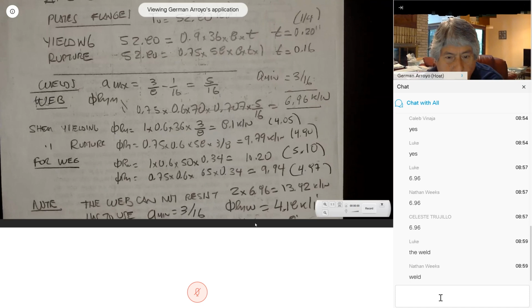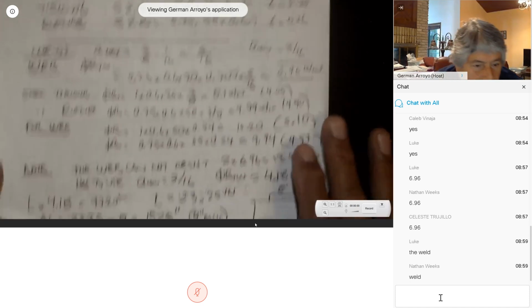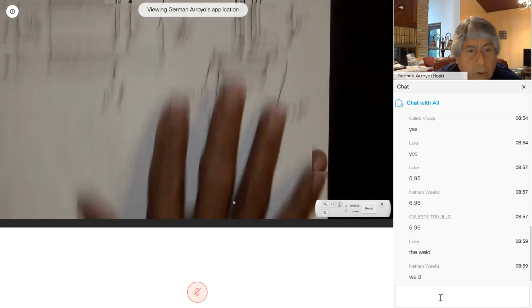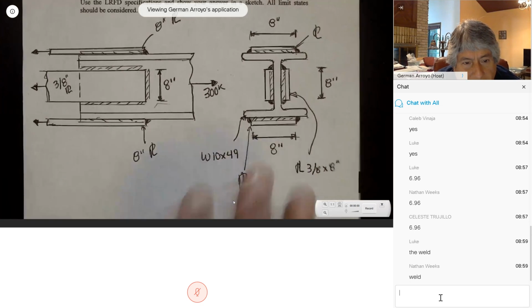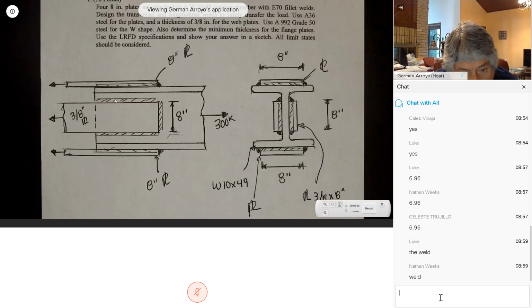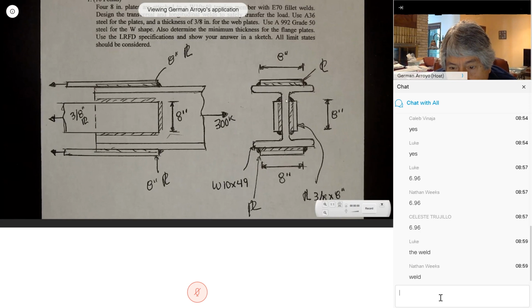But I put a note in here. And I'm going to go back to this before I go to my note. I'm going to have weld on this side. I'm going to have weld also on the other side. So I want you to look at this. This is the web. I'm having weld on this side, I have weld on that. So the capacity of the weld, what is resisted by this web, is going to be twice the capacity of the weld.